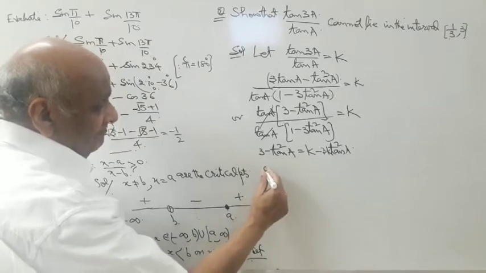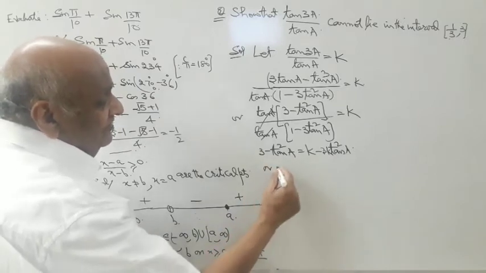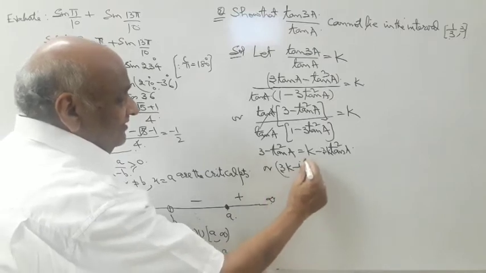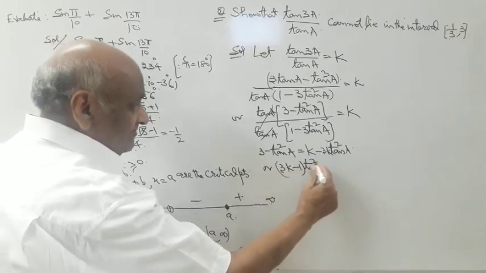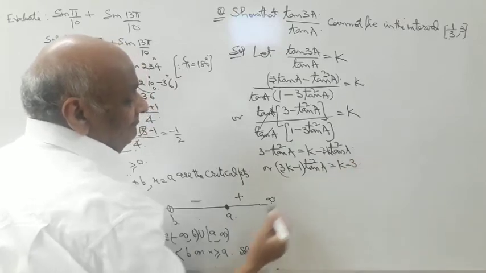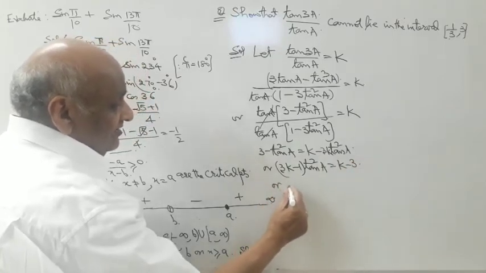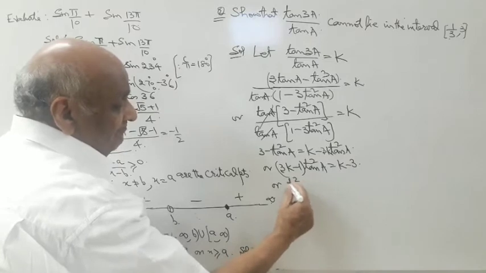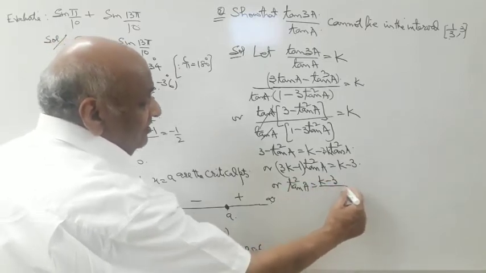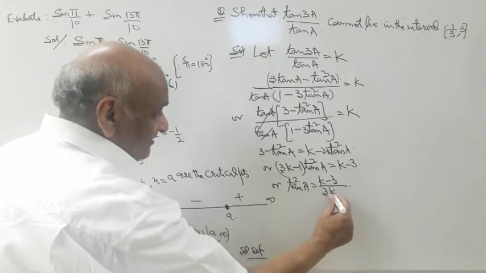Or it is (3k minus 1) tan square a equal to k minus 3, or tan square a is (k minus 3) upon (3k minus 1).